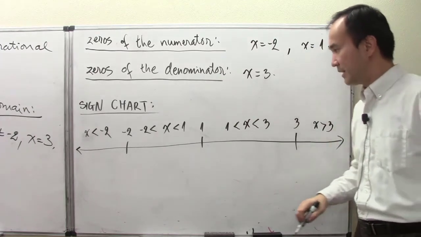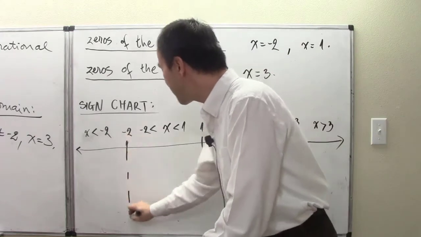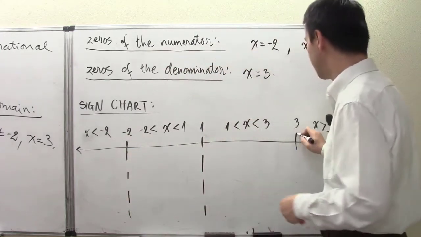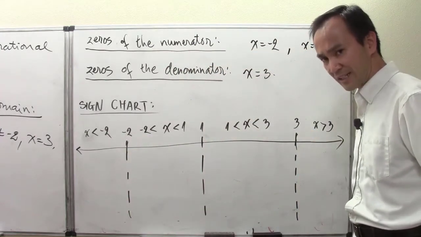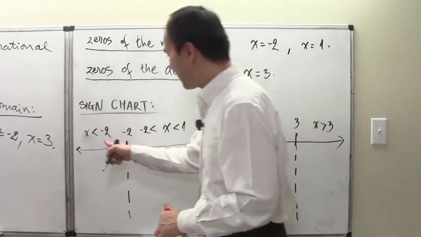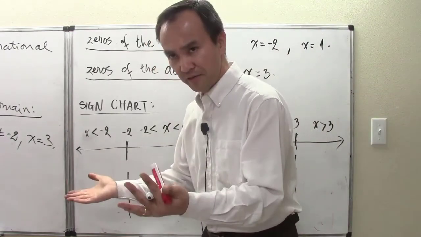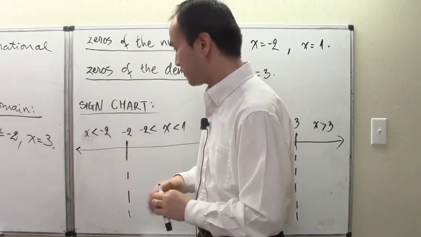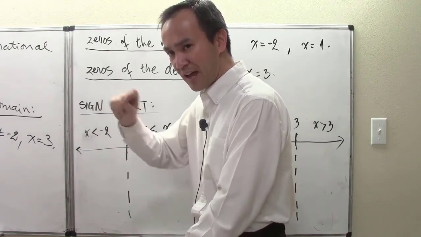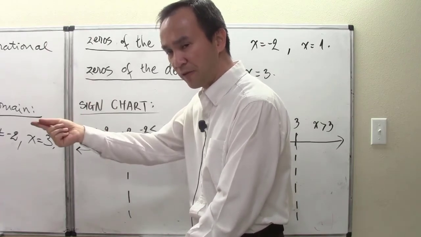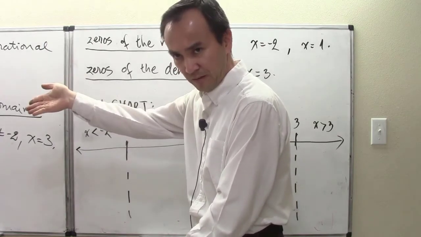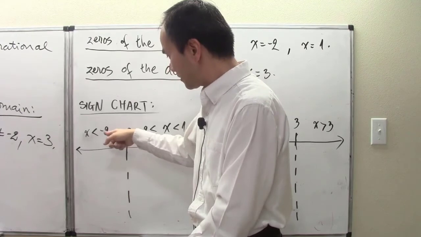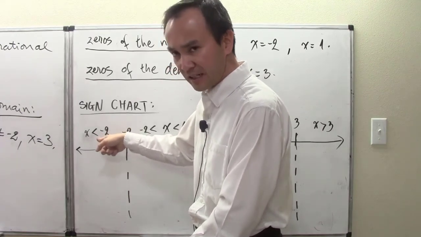All right, now I'm going to create the columns here. Each interval is a column for me to do a sign check. Now I'm going to pick a value in the very left interval. You can pick a different one. Be fully aware of what x values need to be excluded from the domain of this rational function. So I'm picking a value for x less than -2.